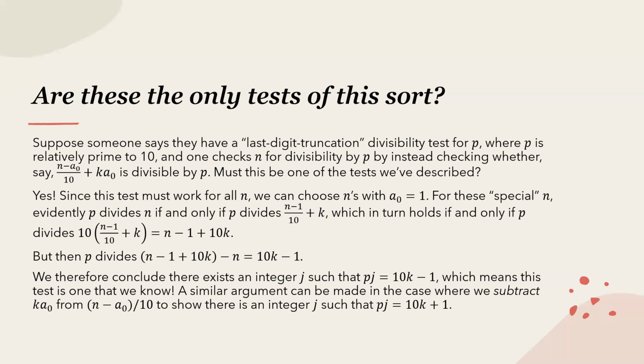But then P divides this, right? So this means that P will divide this, and then if I take n away, if P divides n and that thing, then I could take the difference and it still divides it, which happens to be 10k minus 1. So this means that P would divide 10k minus 1, which means P times something equals 10k minus 1.